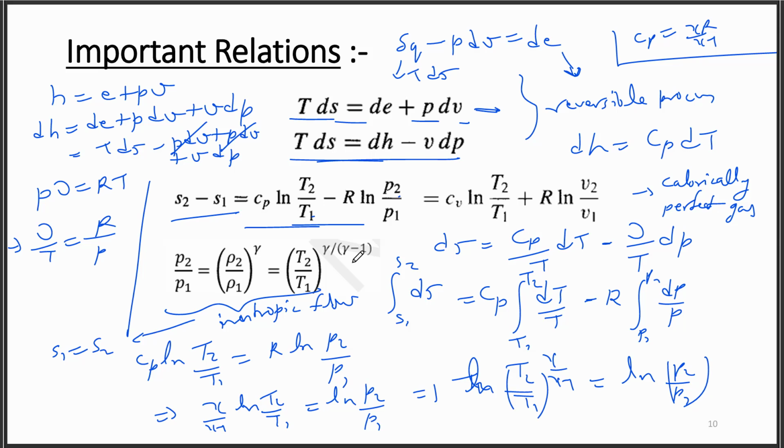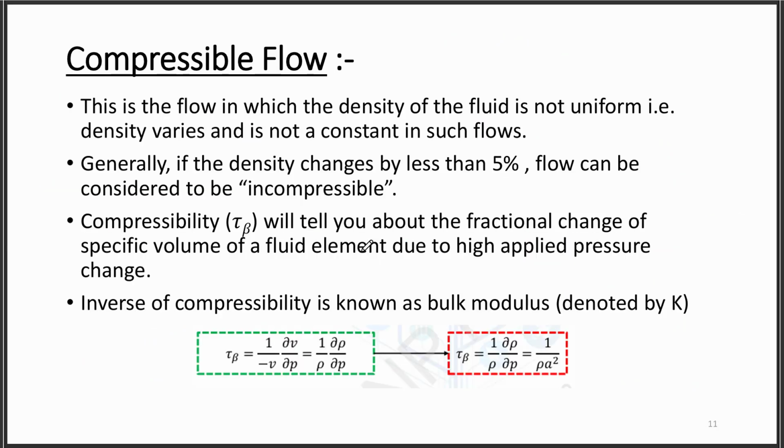Any doubt till now? Then we will see what is compressible flow. So this is the flow in which density of the flow is not uniform. From compressible itself also you can understand, something which can be compressed. So compressing means that density is not constant, it is not uniform.